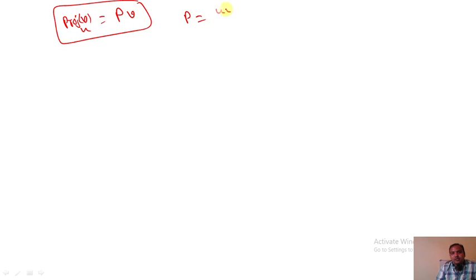So remember, the projection of V on U is equal to the projection matrix P times V. The projection matrix P equals U U transpose divided by U transpose U. That's the main thing: row times column gives a scalar, column times row gives a matrix.